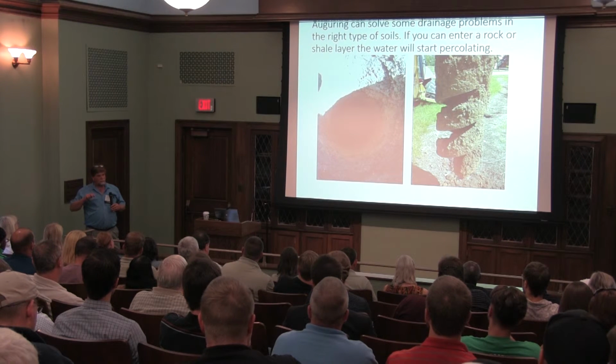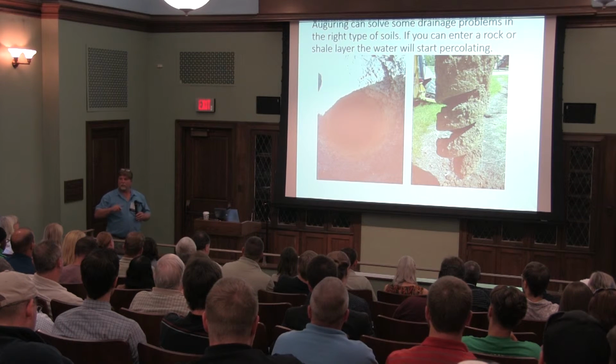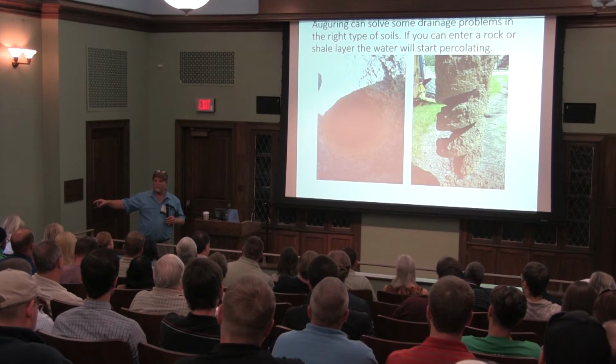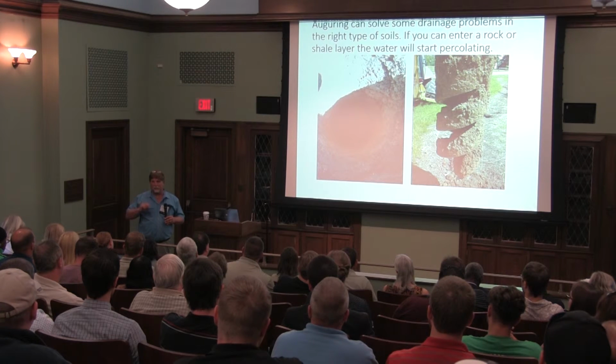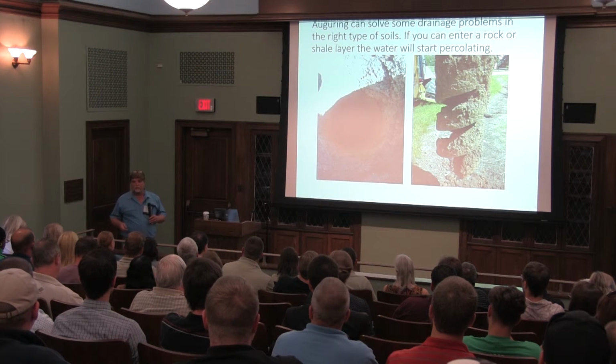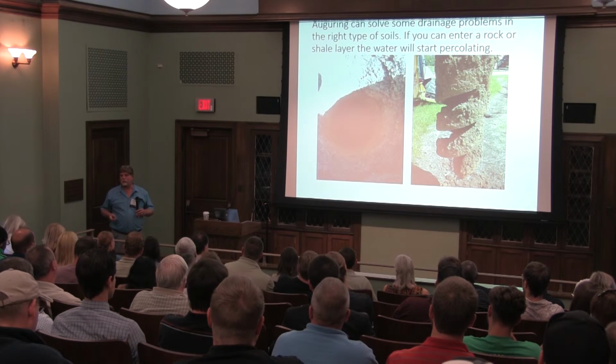So if you're a design professional and your client will not pay you to go out there and do the proper testing, then you need to make sure that you put in your proposal that we're not guaranteeing this thing's going to work. You can't. Unless, of course, you can underdrain. If you underdrain it, you're okay. But with something like this with no underdrain, you're taking a risk that you're going to have failure.